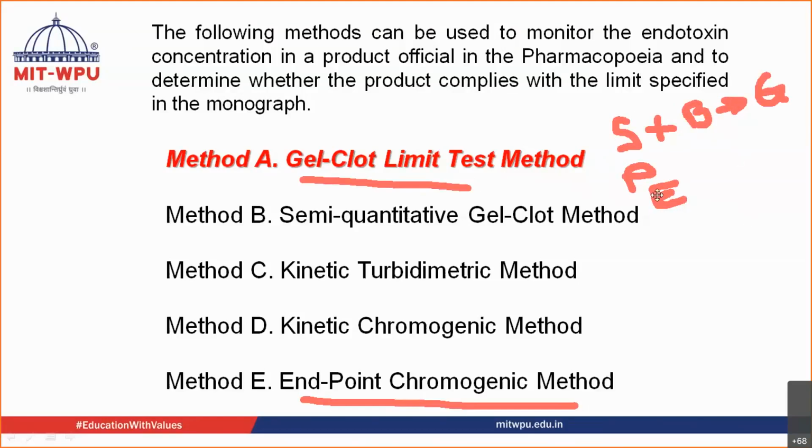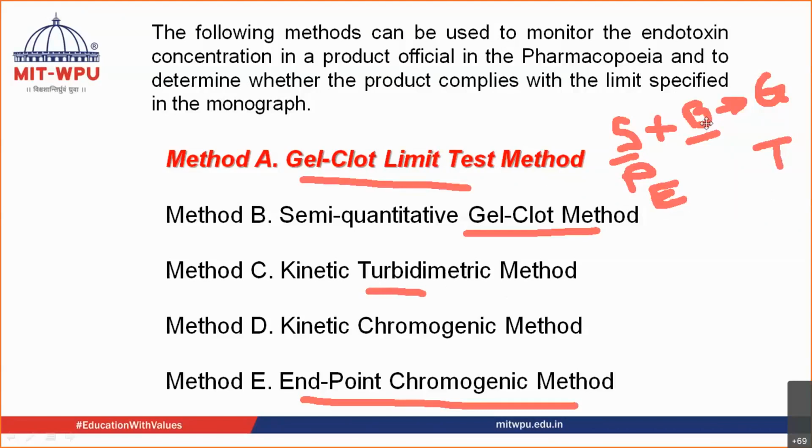In the second case, when your sample comes in contact with this amebocyte-containing blood, it also leads to the formation of gel. In the third test, it leads to the formation of a turbid solution.